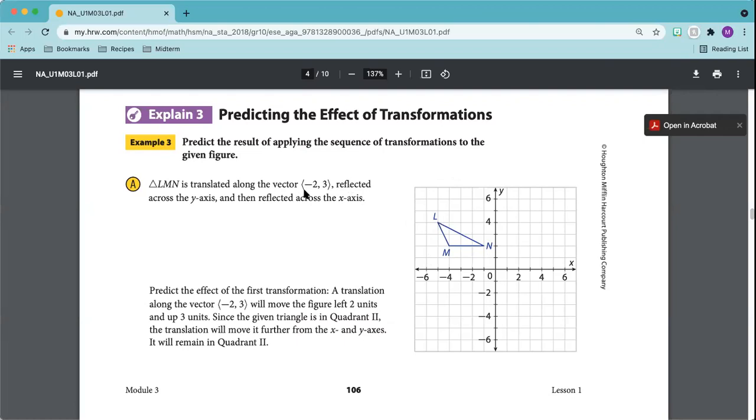Okay, but you do need to do, see how they say the vector? You do need to do that translation first. Why? Because if I have a translation, it can end up over here, it could end up over here, it could end up over here, it could end up in any quadrant, right? So I need to check, that's the only one I need to check for.